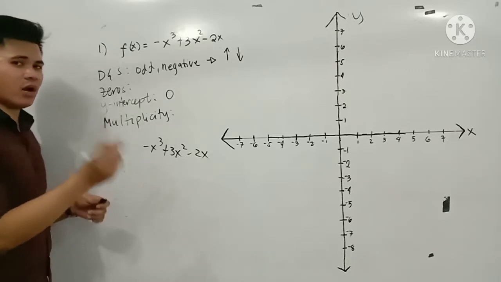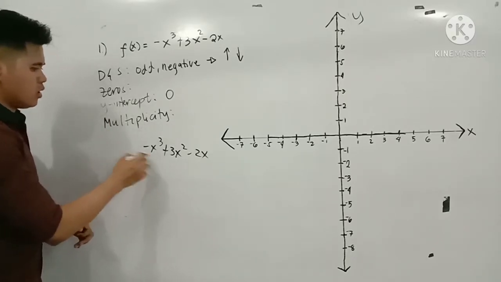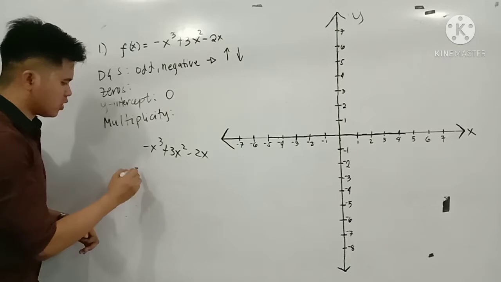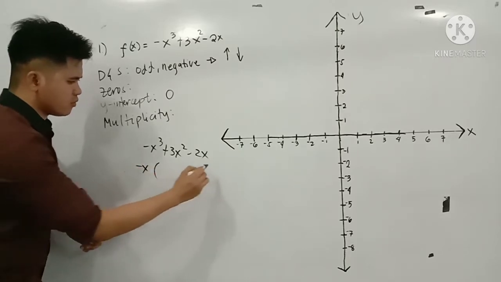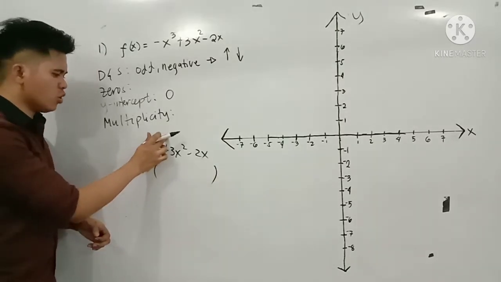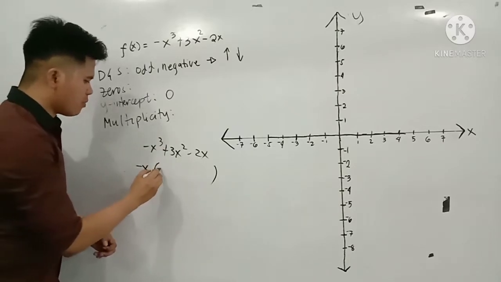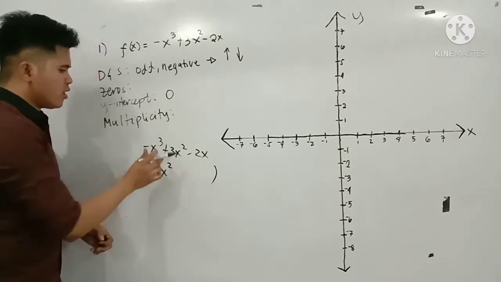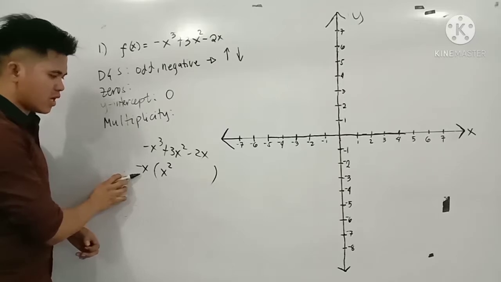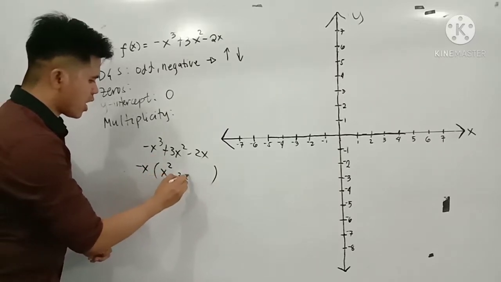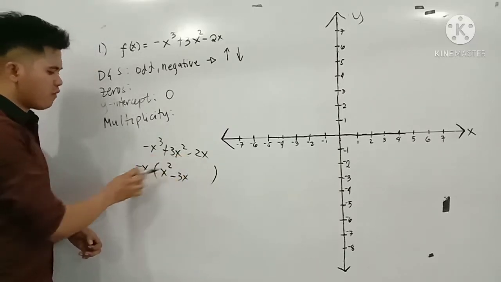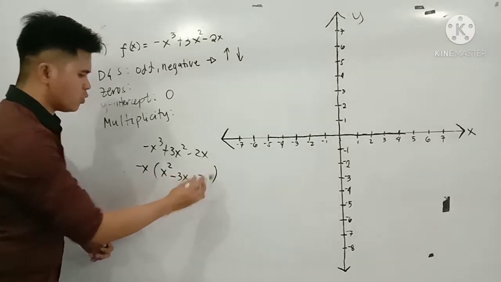Let's say the common factor is negative x. Then negative x cubed divided by negative x will give us positive x squared. Then positive 3x squared divided by negative x will give us negative 3x. And negative 2x divided by negative x is positive 2.